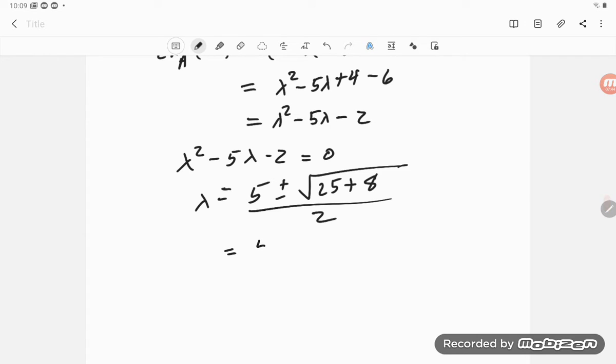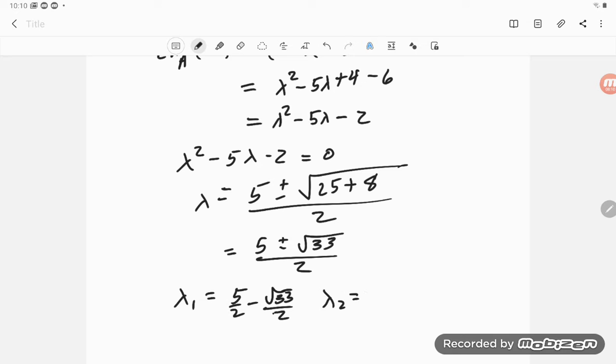It's not a pretty sort of thing. 5 plus or minus the square root of 33 all over 2. So those are our two eigenvalues. Lambda 1 is 5/2 minus the square root of 33 over 2, and lambda 2 is equal to 5/2 plus the square root of 33 over 2.